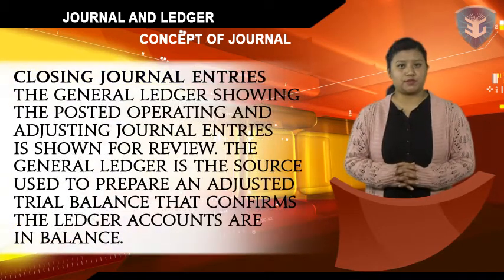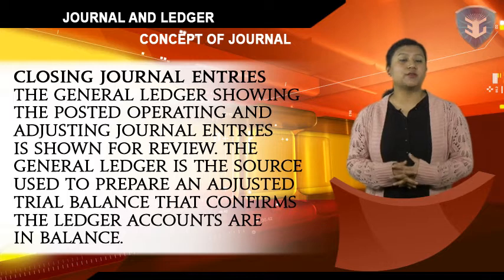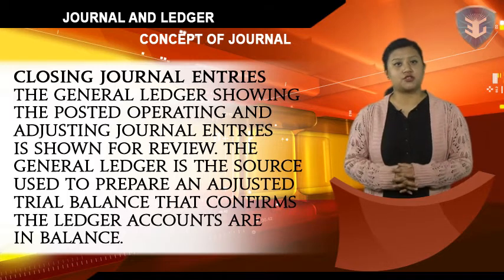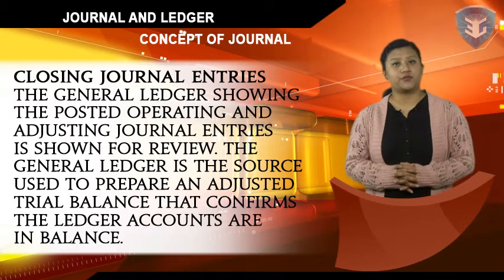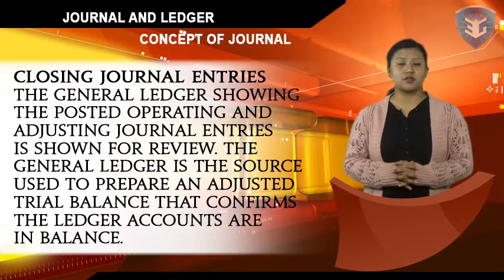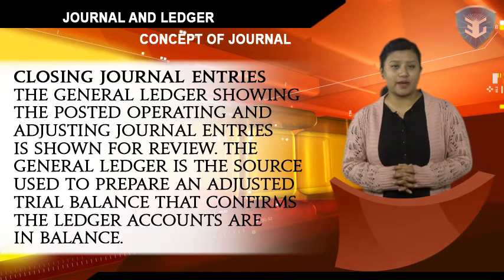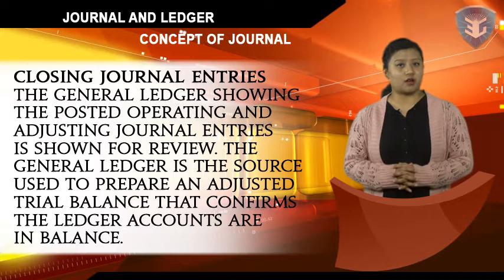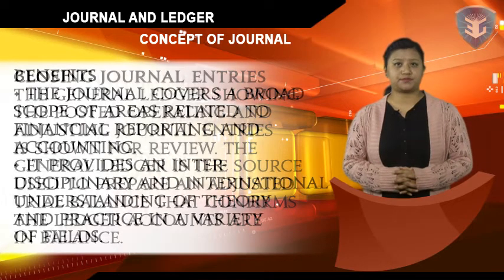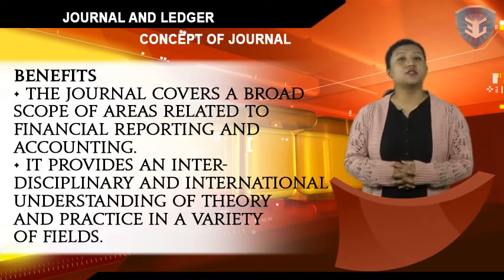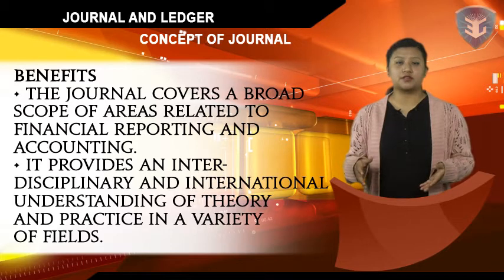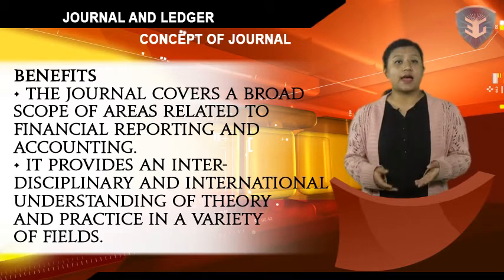Closing journal entries. The general ledger showing the posted operating and adjusting journal entries is shown for review. The general ledger is the source used to prepare an adjusted trial balance that confirms the ledger accounts are in balance.